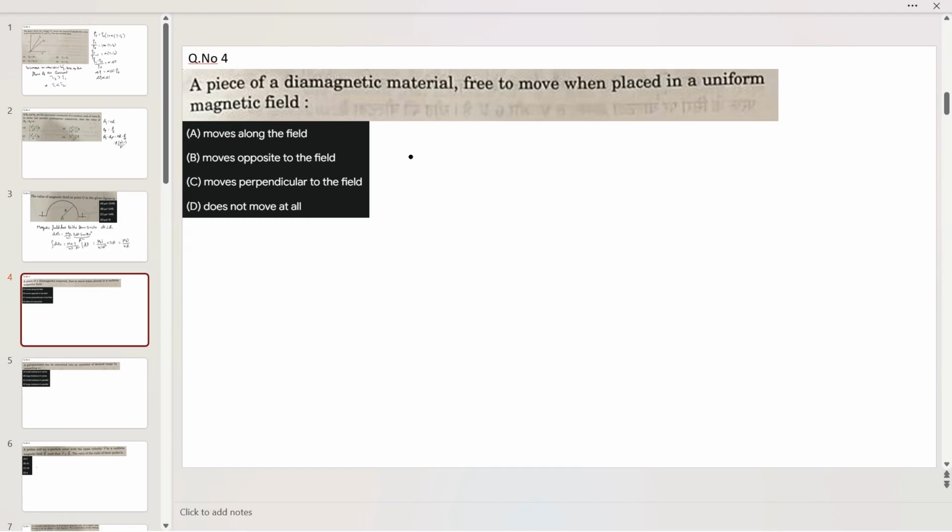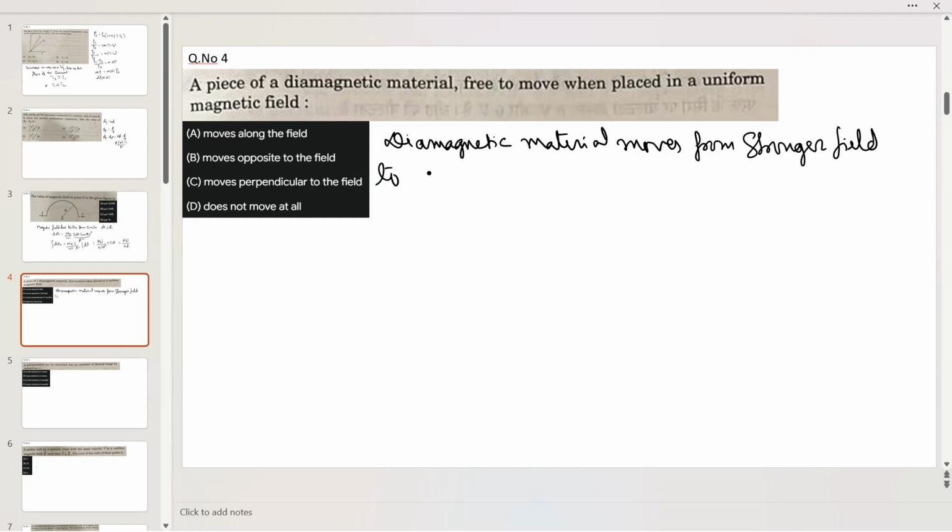So here we know that diamagnetic material moves from stronger field to weaker field.